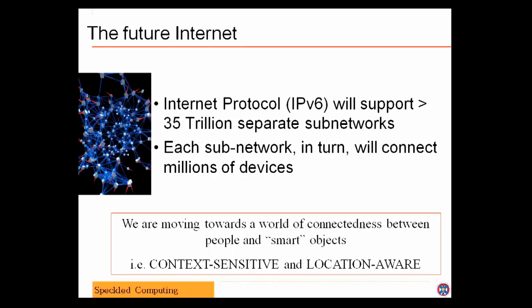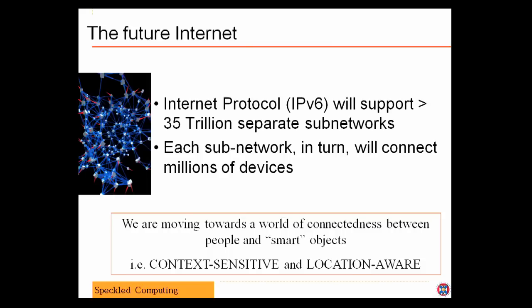And fortunately that has been overcome by having a new internet protocol, which is called IPv6, which will support more than 35 trillion separate subnetworks, and each subnetwork in turn will connect 1 million devices. So we have, at least for now, a large enough space that we can name all these devices uniquely.